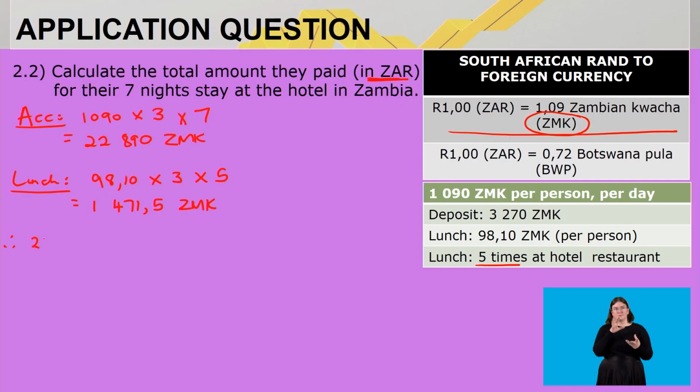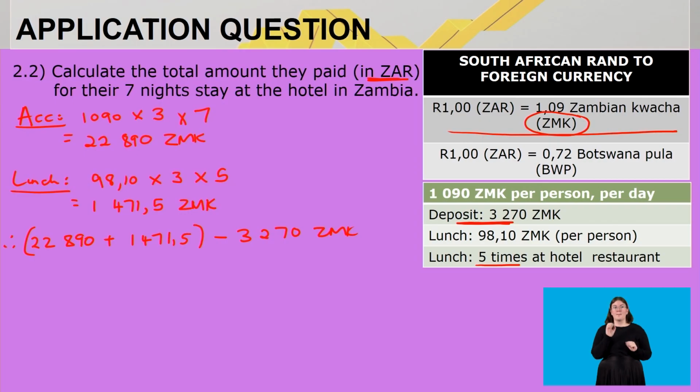So in total, it's 22,890 ZMKs plus the 1,471.5 ZMKs. And then, please note, we must still subtract the deposit, basically, if I can put it that way. Here it's indicated, right, of 3,270 ZMKs.